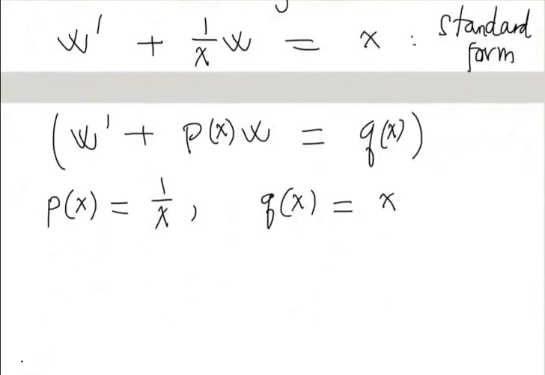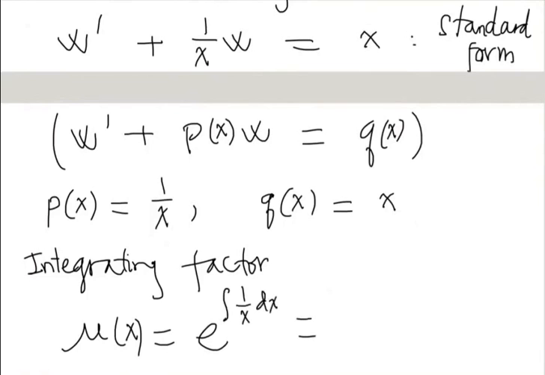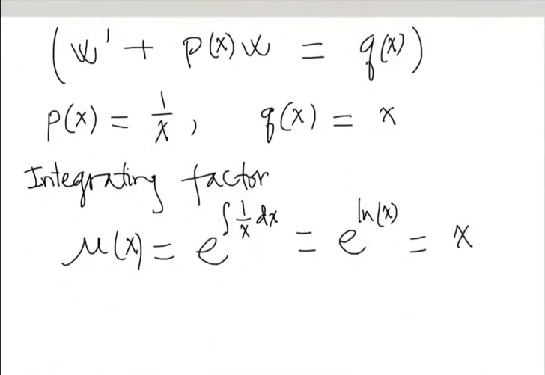So to solve this equation, we need to find the integrating factor. The integrating factor mu of x is given by e to the integral of 1 over x dx. So we get e to the log of x, and we can simplify to x. As before, when we find the integrating factor, we may skip the absolute value, so it's easier to work.